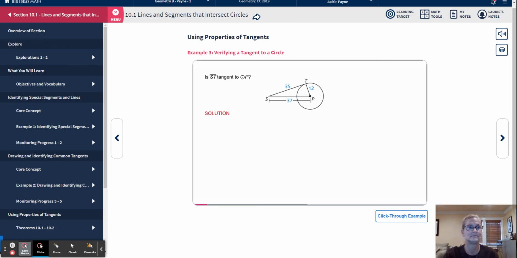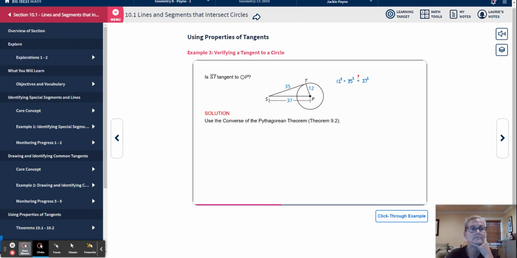Solution. If segment ST is tangent to circle P, then segment ST is perpendicular to the radius PT at point T, which means triangle PTS is a right triangle. So use the converse of the Pythagorean theorem to show whether or not triangle PTS is a right triangle. Does 12 squared plus 35 squared equal 37 squared?